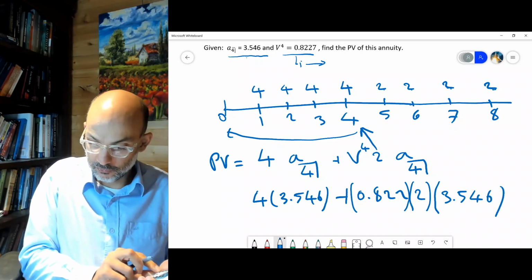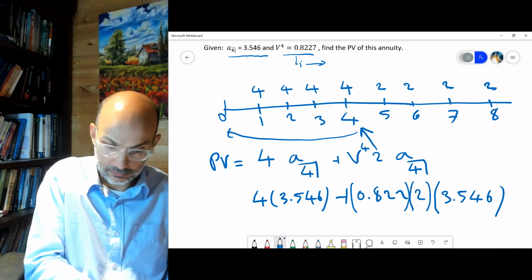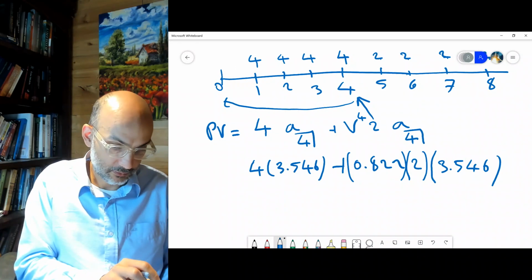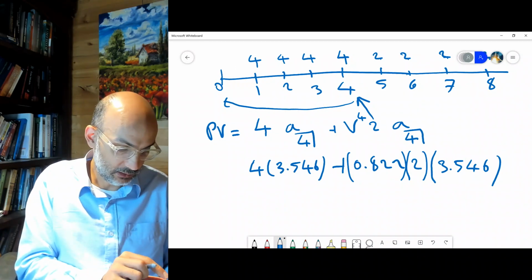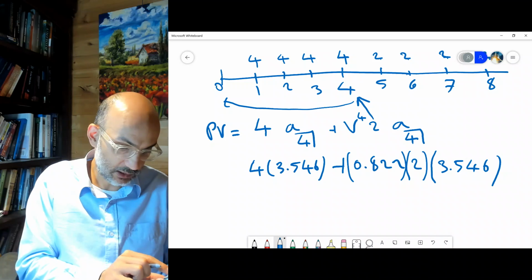If you do that, let's do it quickly here: 4 multiplied by 3.546 plus 0.822 multiplied by 2 multiplied by 3.546.